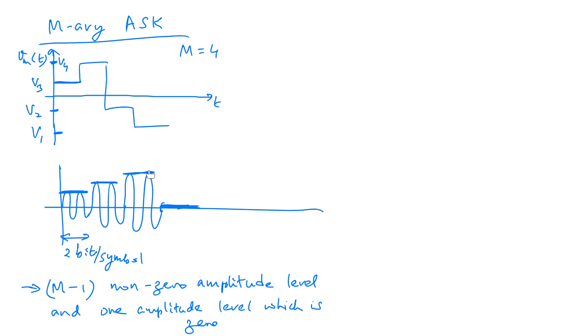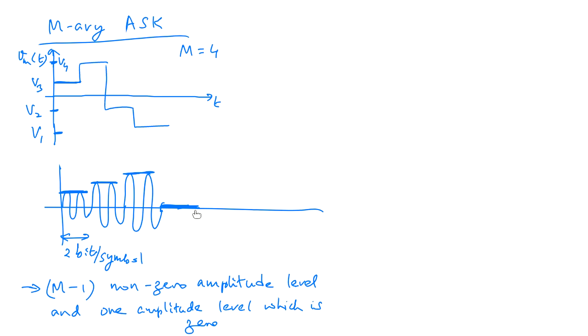Okay, these are amplitude levels which are non-zero. One of them is 0. So in general, for any value of m, we will have one amplitude level which is 0 and the remaining m minus 1 amplitude levels which are non-zero. Okay, this is called M-ary ASK, and like that we can do it for any value of m.